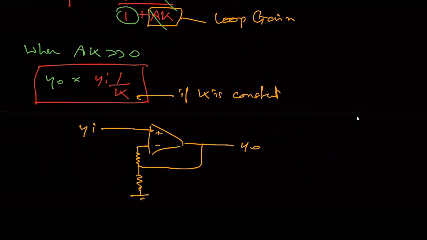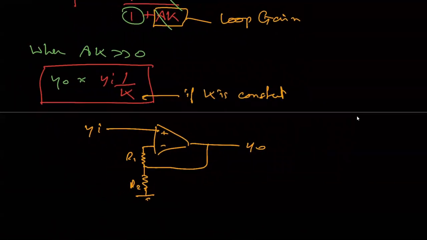So basically we're dividing the voltage at Yo. We have two resistors here, and then we feed back part of that voltage back into the op amp. The K is determined by the resistor network. The A is determined by the gain of the op amp itself.